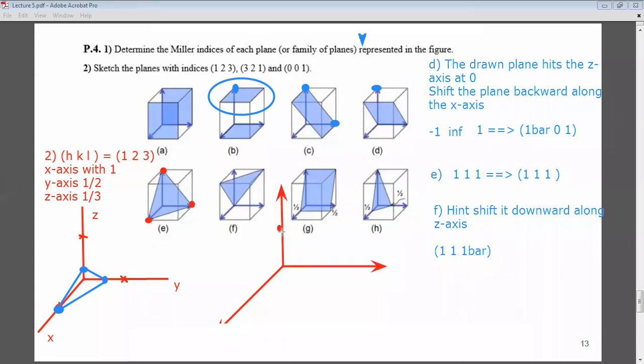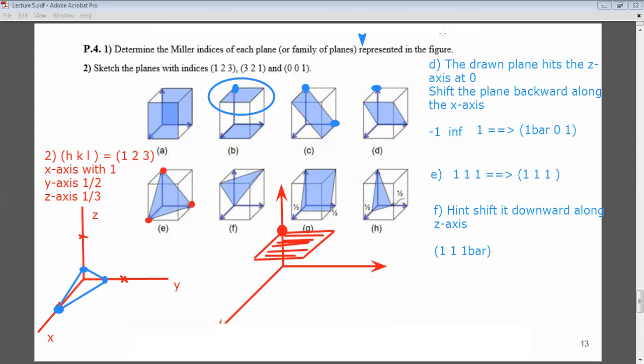So let's take this to be 1. Now if I draw this plane, it will be something like this. It's parallel to the x-axis and parallel to the y-axis, right? And I draw the plane. You can color it. Okay, so this is the plane 0, 0, 1.